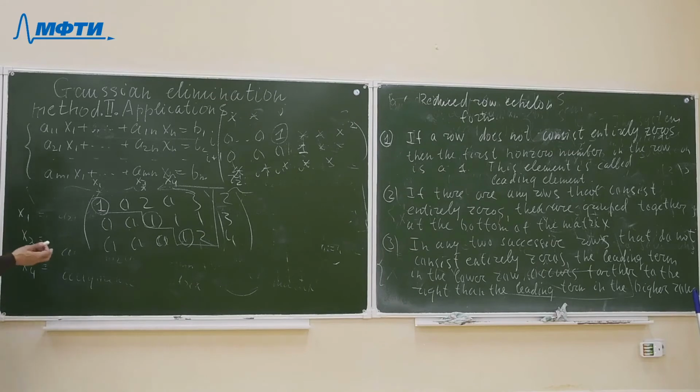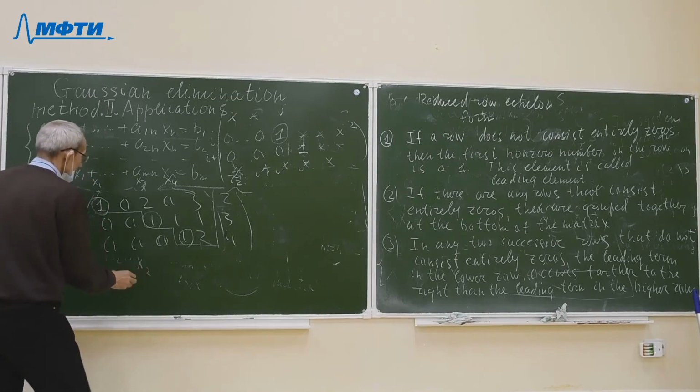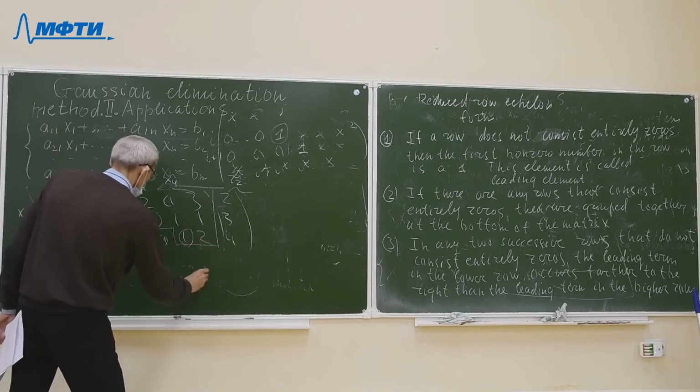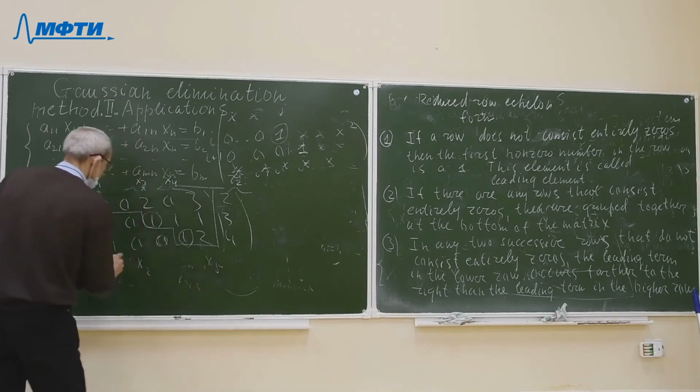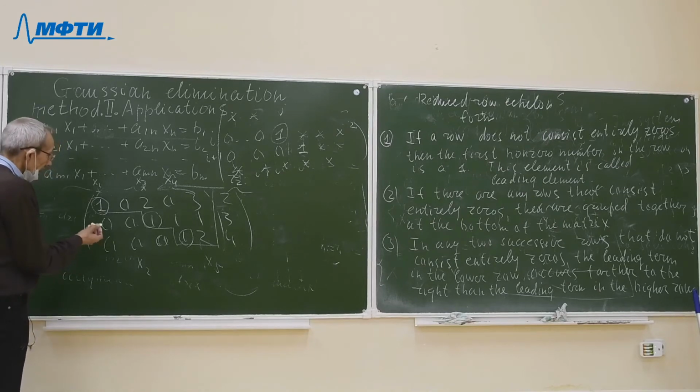The other variables, x2 and x5, will be independent variables. And our goal is to express the dependent variables in terms of independent variables. How can we do this?